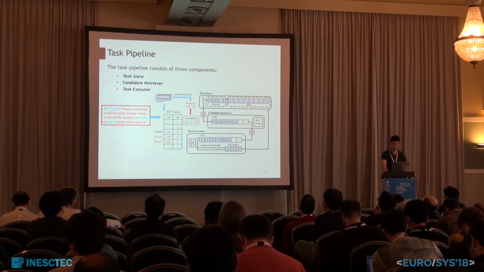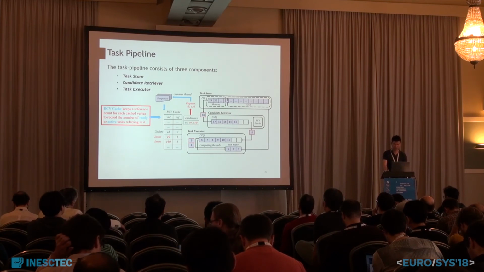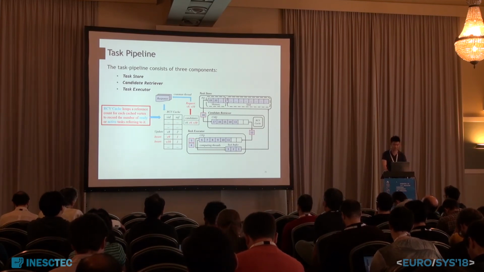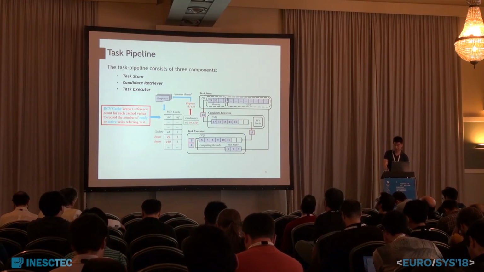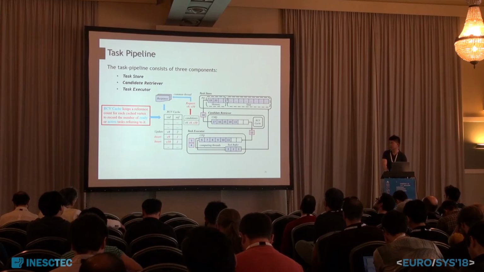And we mention a little bit about our cache strategies. For each cached vertex, we record a reference count of how many tasks in the ready or active stage refer to the current vertex. Once a vertex's reference count equals 0, we will not directly delete this vertex.